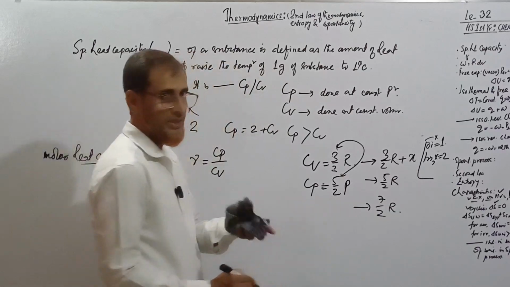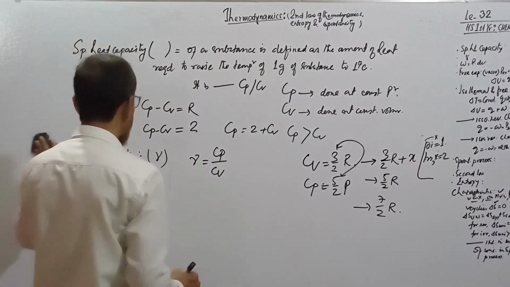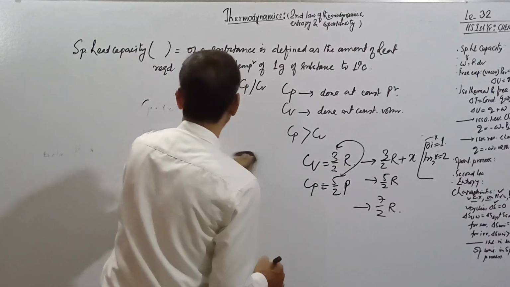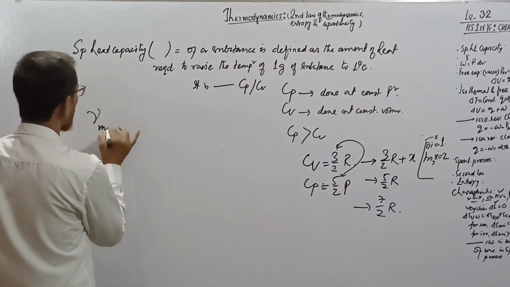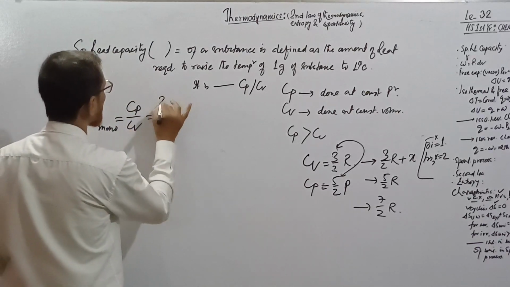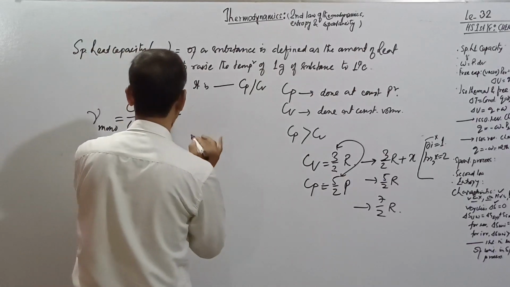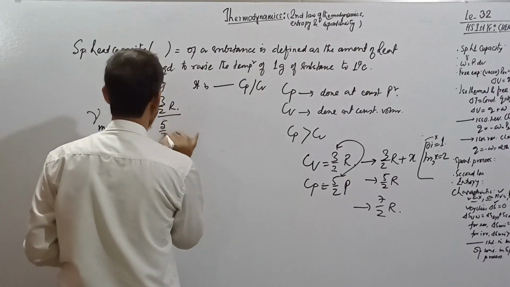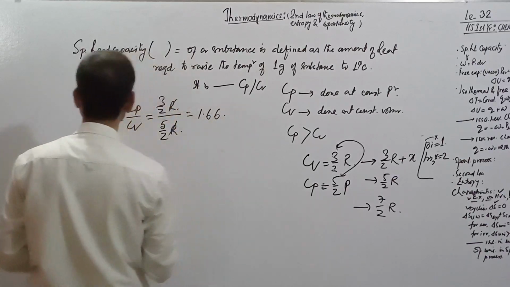Am I right? So in entrance exams, a question very often asked is to find the value of gamma. What is gamma for monoatomic? Answer: Cp by Cv is equal to 5 by 2 R over 3 by 2 R, and R cancels out, giving 5 by 3.